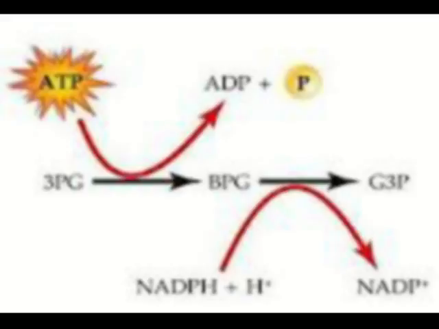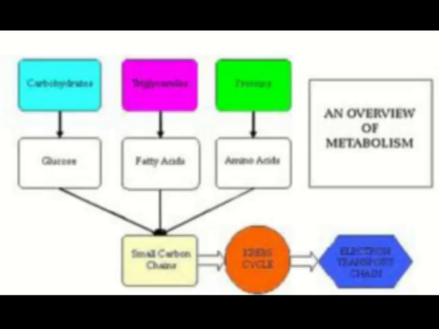NADPH is made through the use of an NADP plus reductase. NADP plus grabs electrons at the end of the ETC and hydrogen atoms to form NADPH. NADPH then goes on to the Calvin cycle. Proteins, fats, and carbs are different types of macromolecules that can be created in the Calvin cycle.